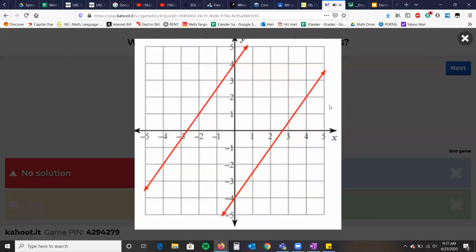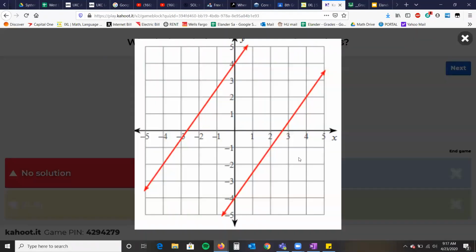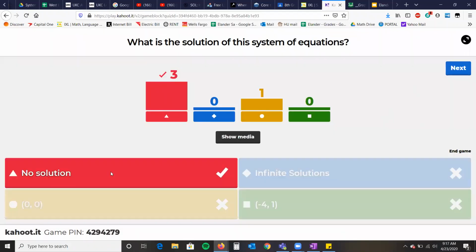So if we have two lines in our system of equations and they never touch, they're parallel, which it looks like these are. Let's see, rise 1, 2, 3 over 2, rise 1, 2, 3 over 2. Okay, they have the same slope. So they are parallel, means they'll never touch. So there's no solution. There's no point that works for this line that works for this line as well. All right, so no solution.